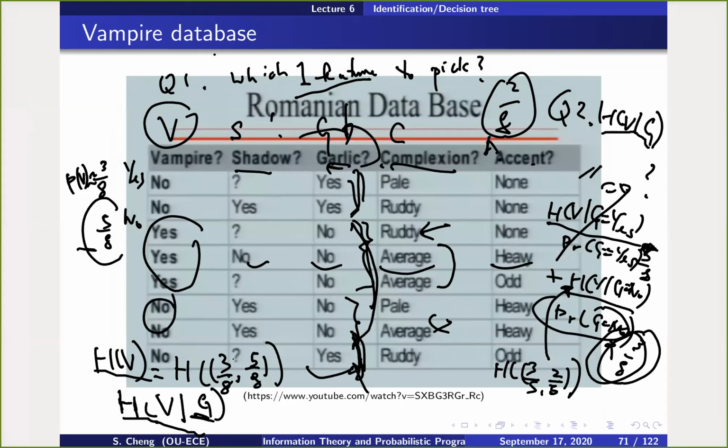So I have this decision tree. In general, maybe I write it this way.